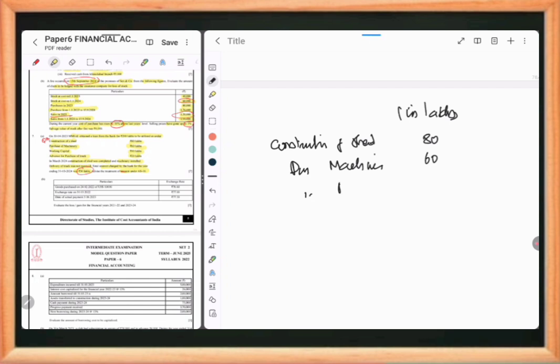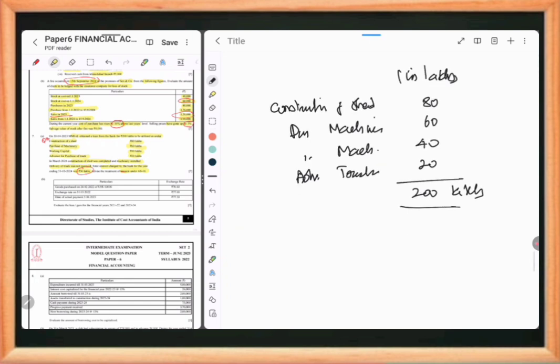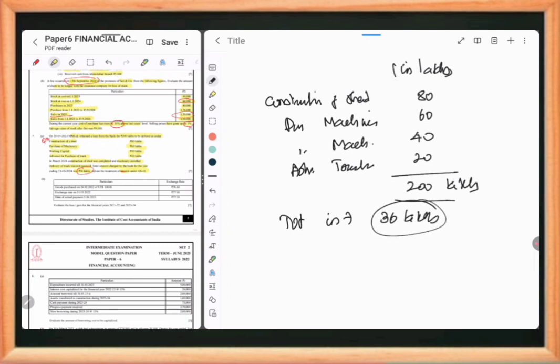And then one more machine, that is also 40 lakhs. And then advance for truck, that is 20 lakhs. So the total expenditure is 200 lakhs. So construction of the shed is a qualifying asset, that is for total interest. How much? Total interest 36 lakhs. It is given in the question, 36 lakhs.